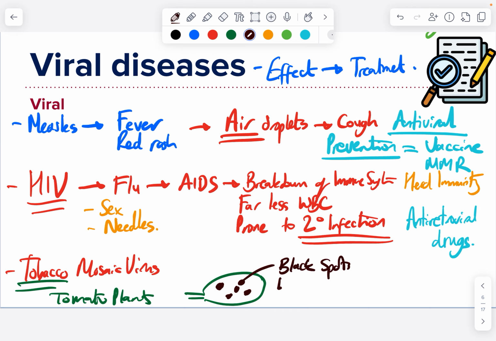And if there are black spots, it means there is less chlorophyll, which means less light is absorbed, which means there is less photosynthesis. In terms of treatment for that, you would just remove those discoloured leaves.